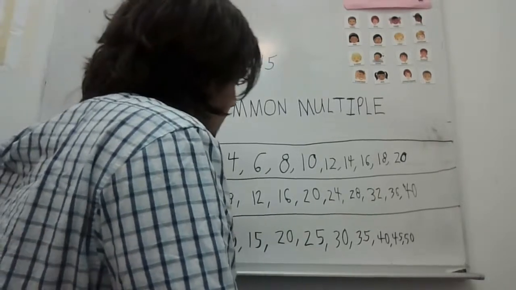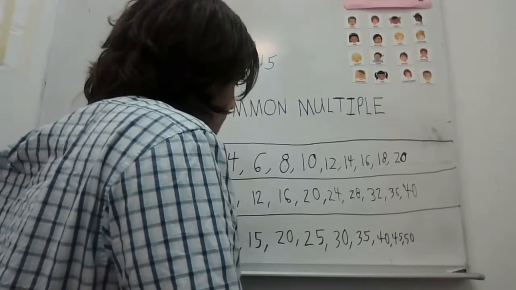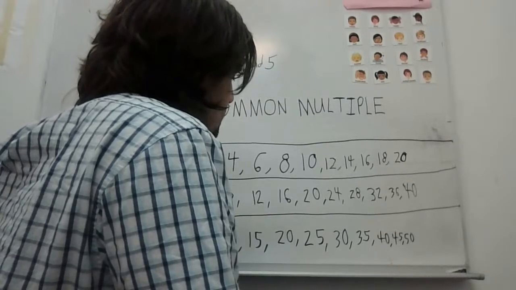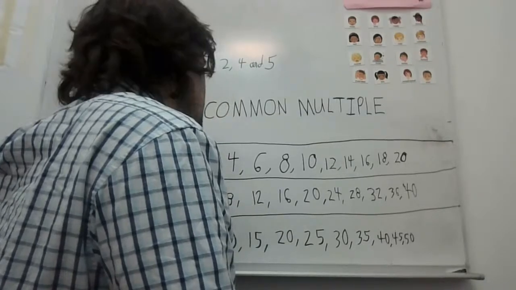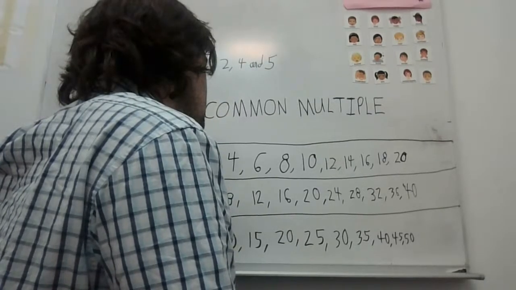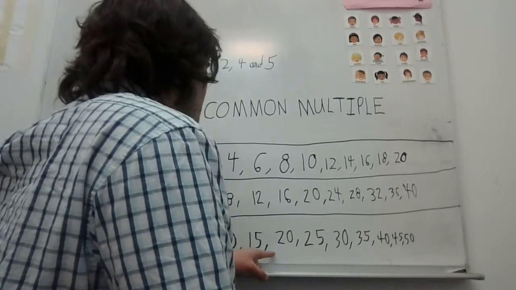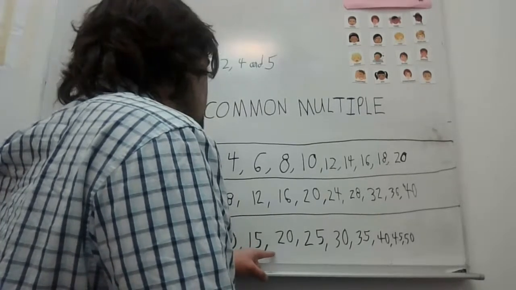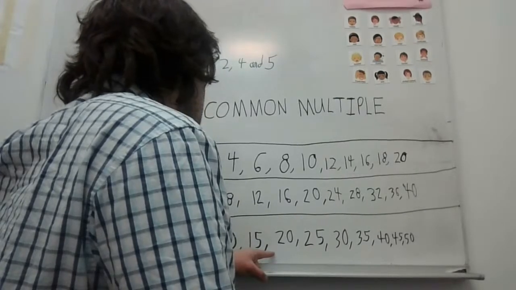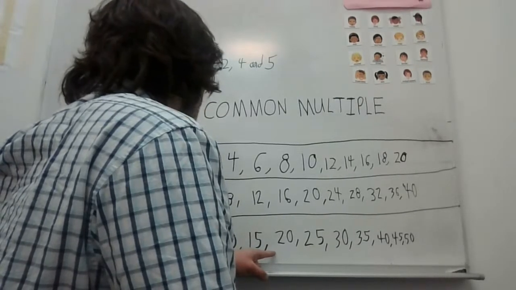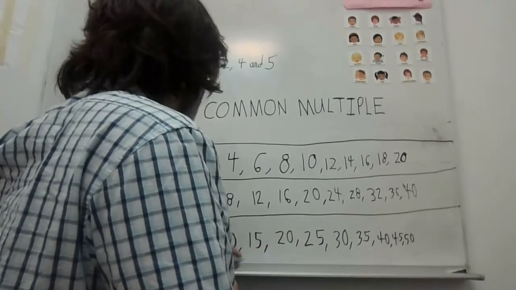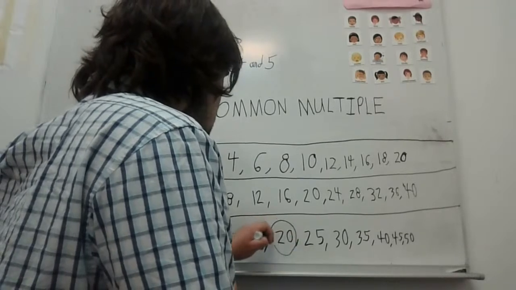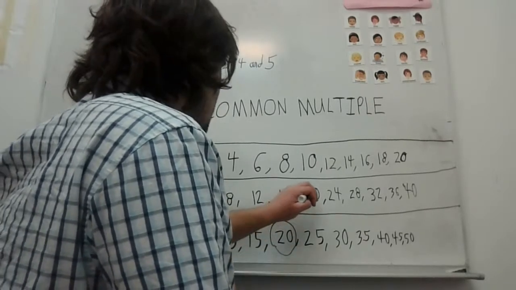Now looking through, let me see if I have any numbers in common for all 3. We got one. The number 20 is a multiple of 5. 20 is a multiple of 4.